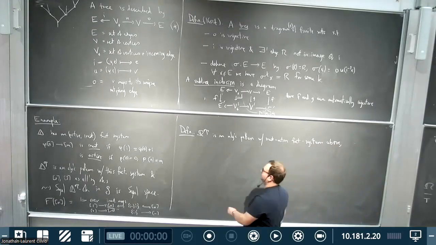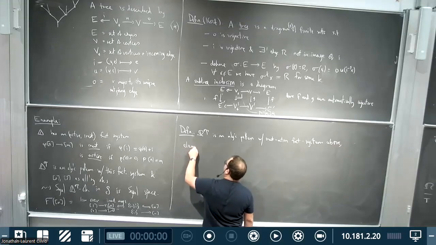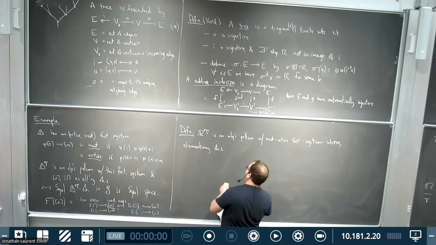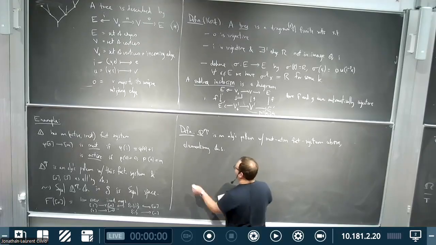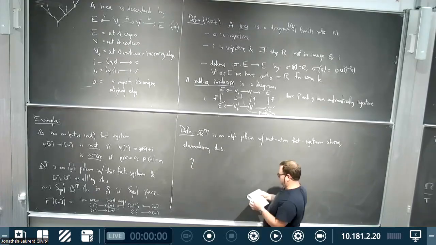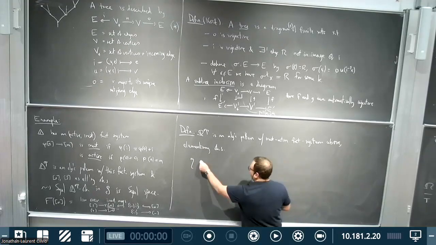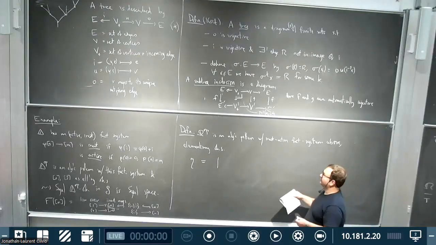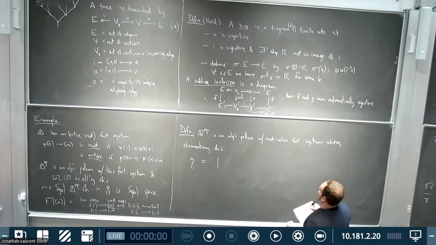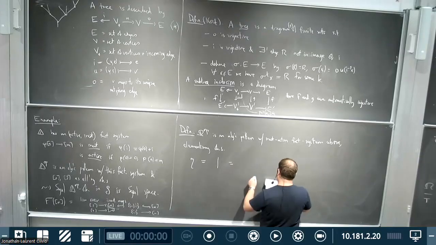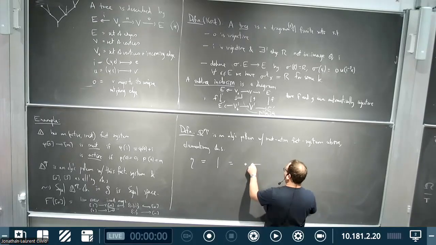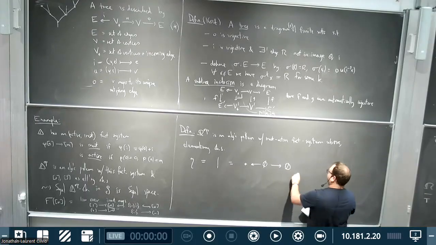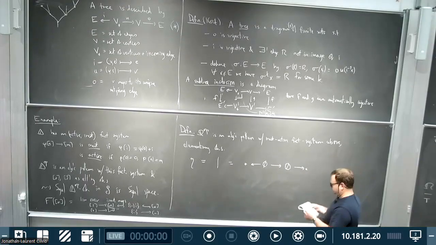The elementary objects are going to be the free edge, which we also call eta, like Marcy did. This is the tree with a single edge and no vertices.